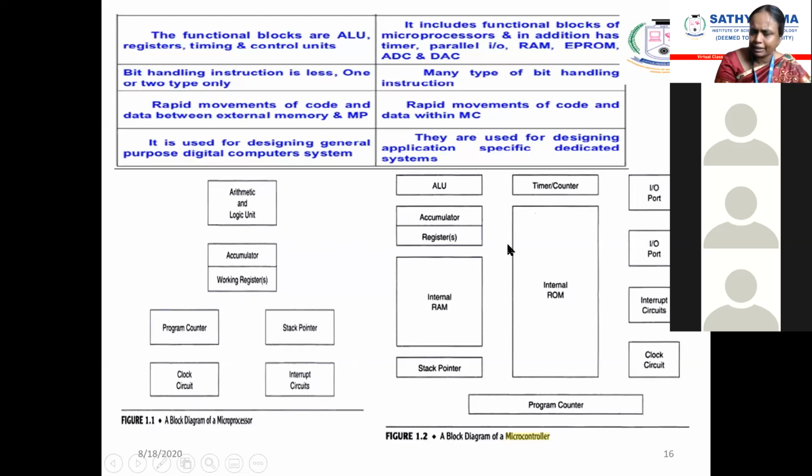But if I want to communicate with any external device, or if I want to have any memory, I need it externally with the microprocessor. But in the microcontroller, you have seen all the IO ports I have. Through an IO port, I can directly connect one LED. Directly, I can connect one stepper. Even so, for saving the devices, some interfacing is needed, but an interfacing IC is not required here.